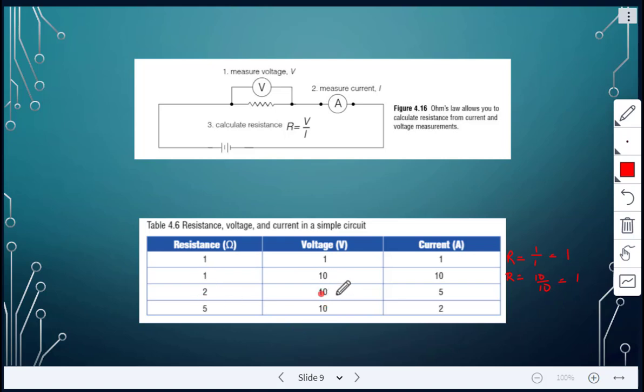Next one, our voltage is 10, our current is 5, so our resistance is equal to 10 divided by 5, which is equal to 2 ohms. And the last one here, when our voltage is 10 volts and our current is 2 amperes, our resistance is 5 ohms. That just shows again, if you know the voltage and you know the current, you can solve for resistance.